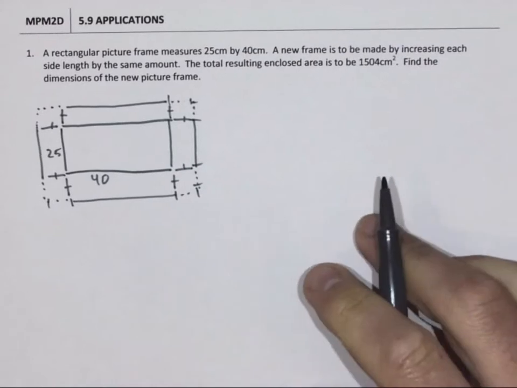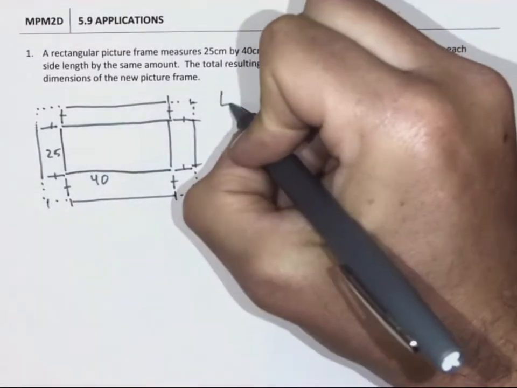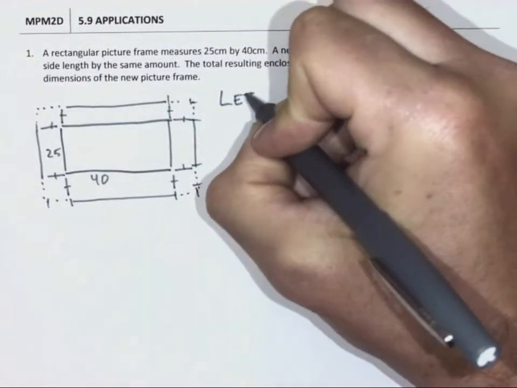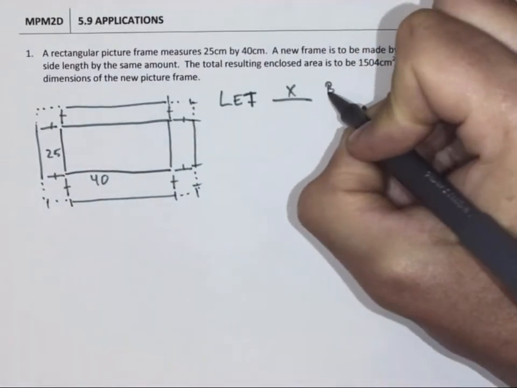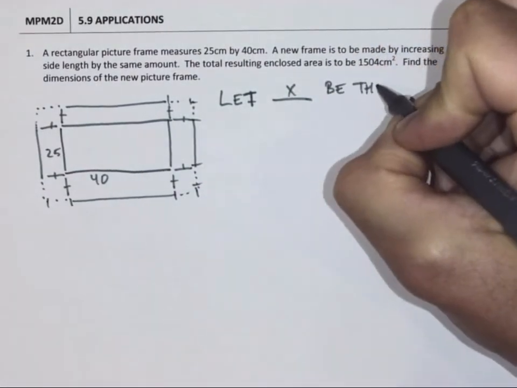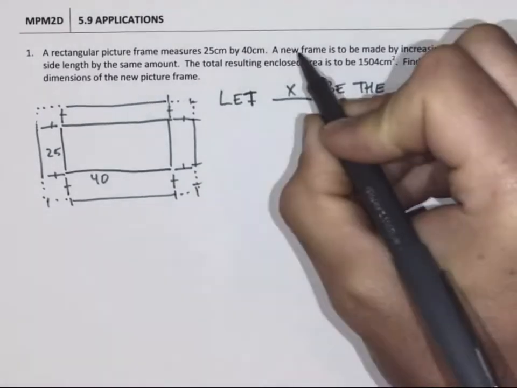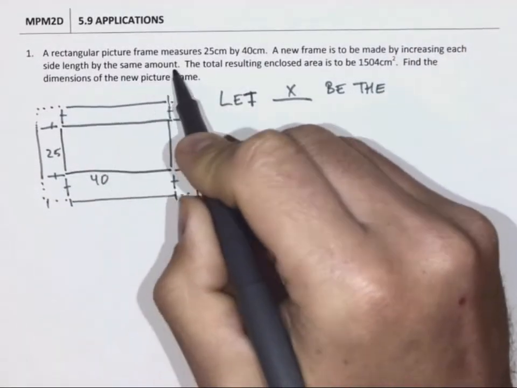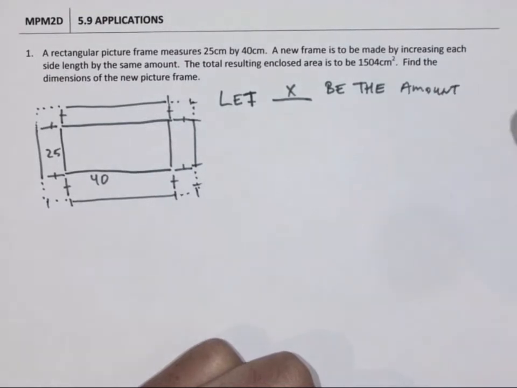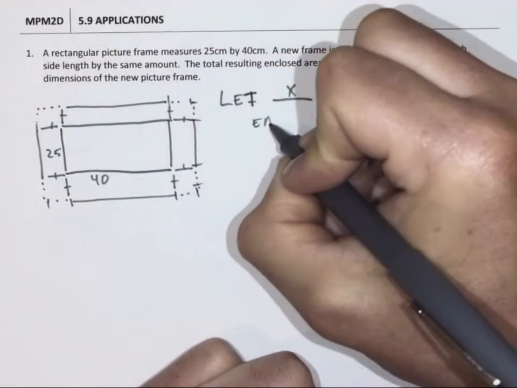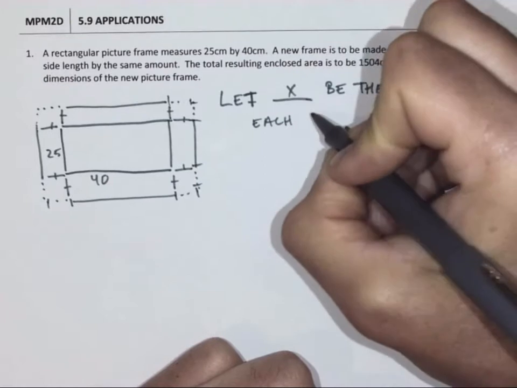And now because of that, we need a let statement. Let x be the amount each side is increased by, the same amount.